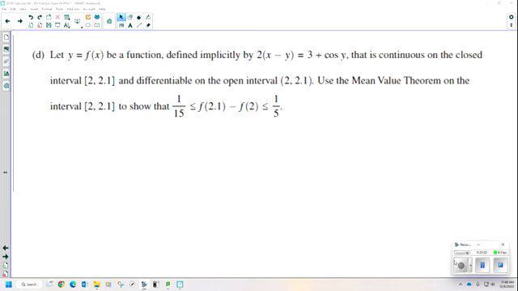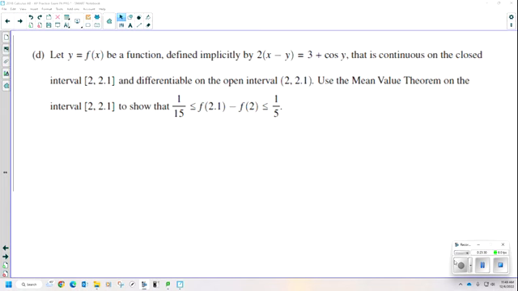6D. Let y equal f of x be a function defined implicitly by 2 times x minus y equals 3 plus cosine of y. That is continuous on the closed interval from 2 to 2.1, and differentiable on the open interval from 2 to 2.1, not inclusive, okay?